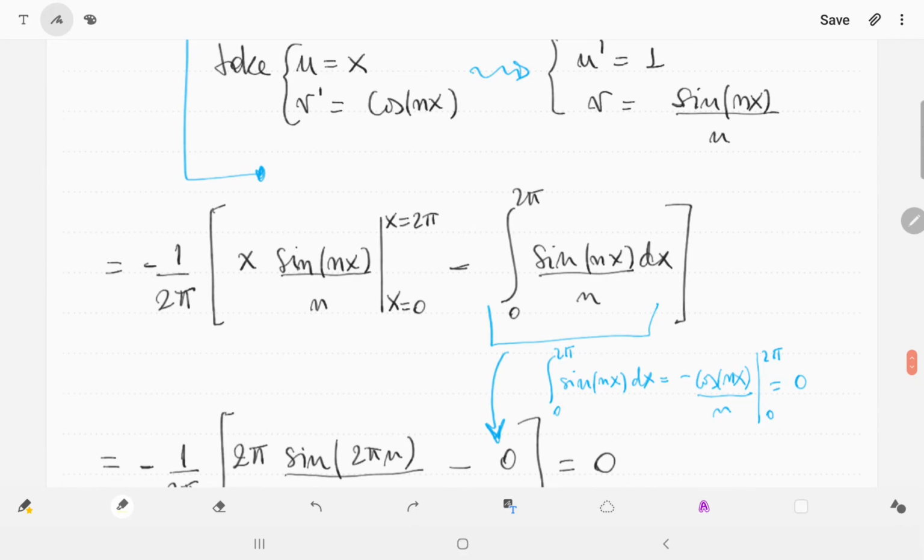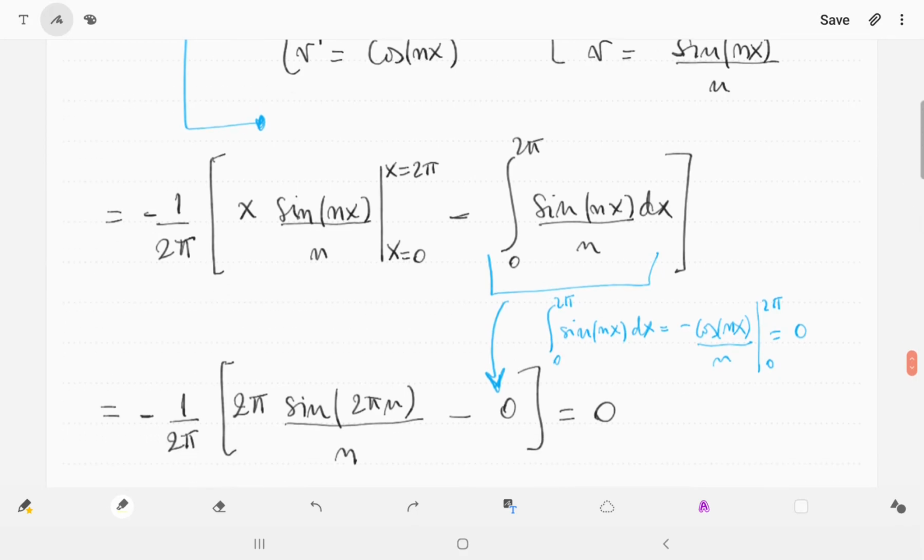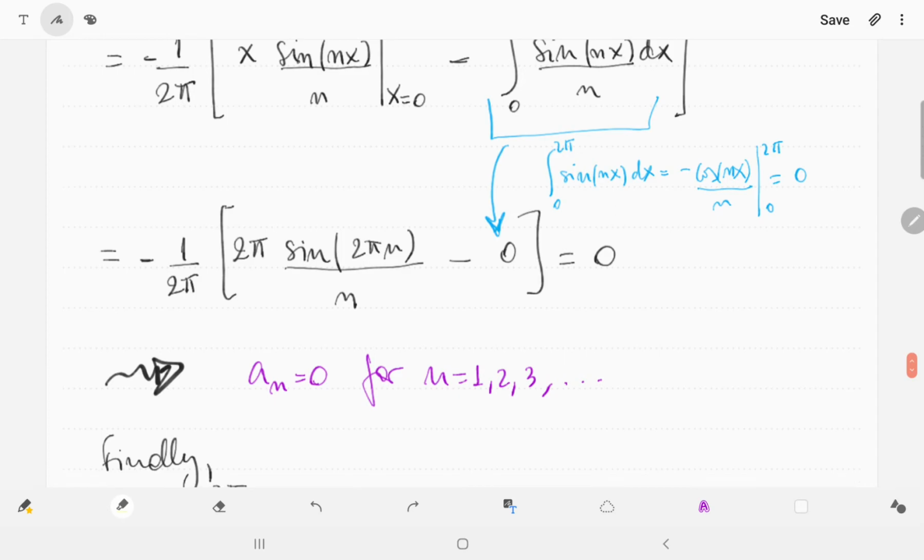We use the integration by parts formula. Again, notice that this has an antiderivative whose final value is 0, and then we have sine of 2 pi n over n, which is also 0. So an is 0 for every n.